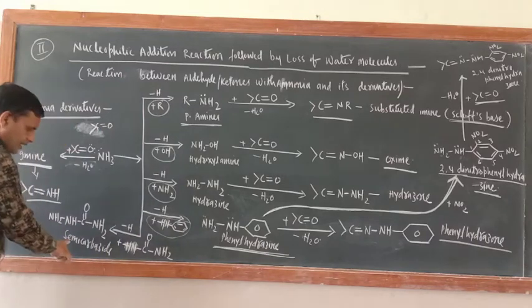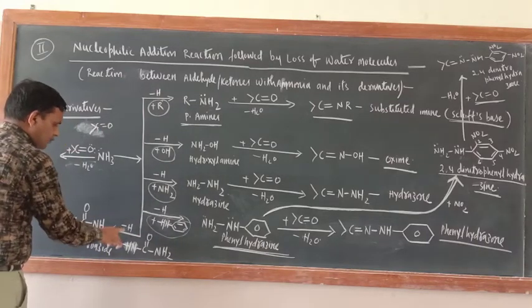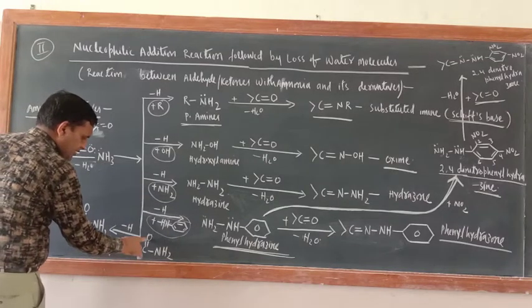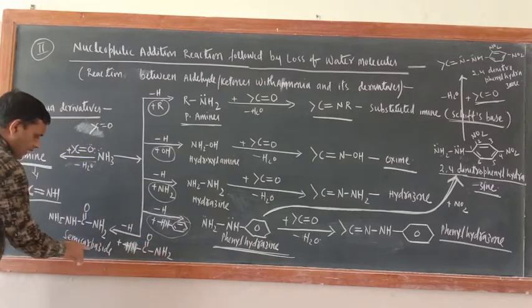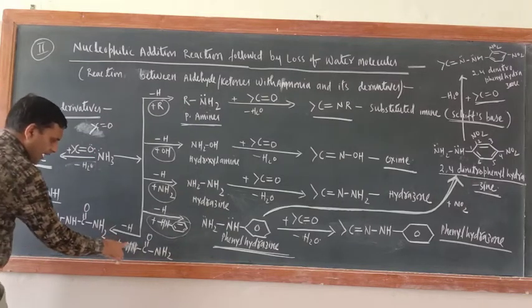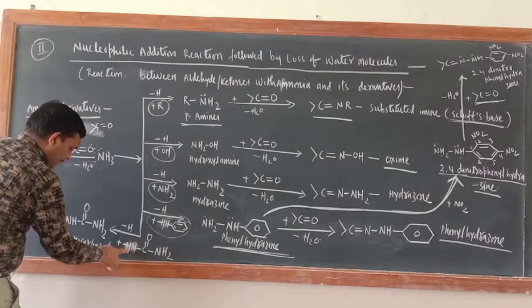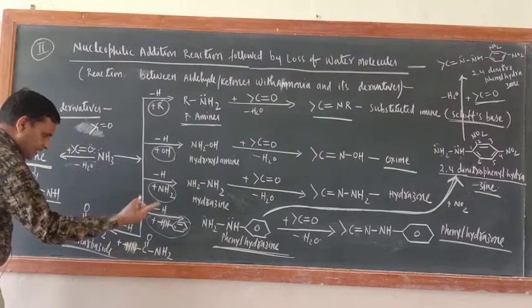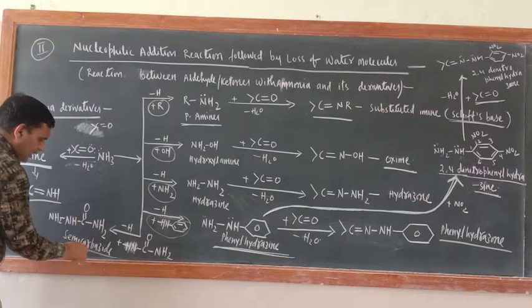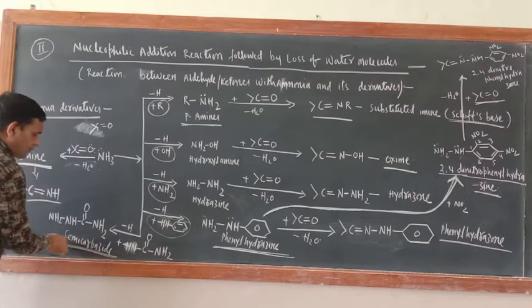Replace one H from ammonia by this group, NHCONH2. So what would be the name of this one? After replacing one H from ammonia, NH2 NHCONH2, this is semicarbazide.